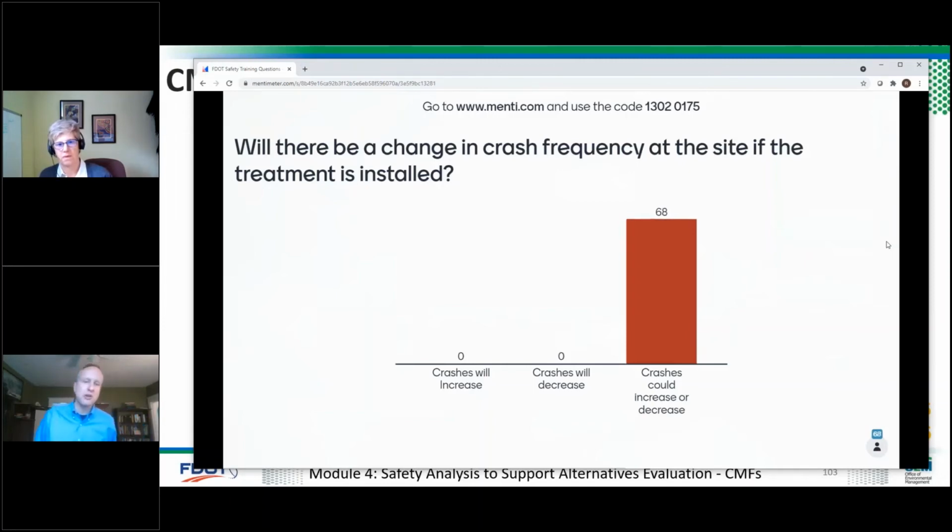We don't know. Not every treatment is a sure thing to improve safety, so we need to go in with that skepticism. I'm not sure if this is going to help us with this problem or not, and then think it through and come to good engineering decisions based on the information that's available. So in this particular case, it might not help us.